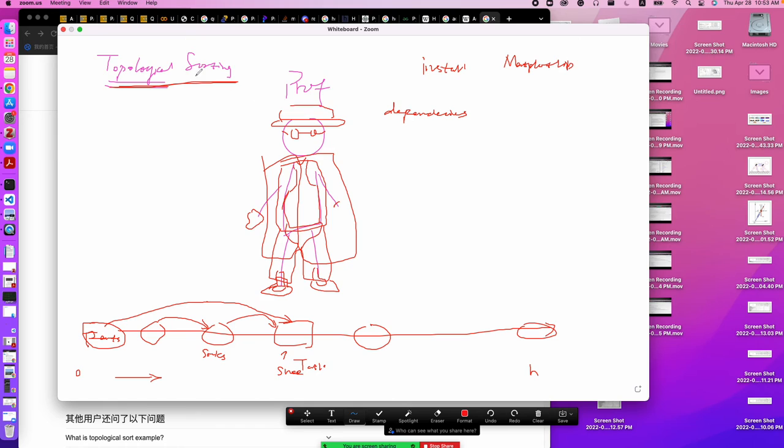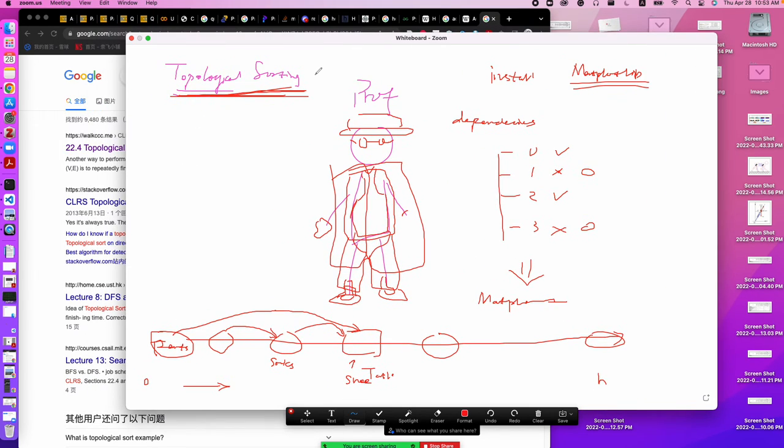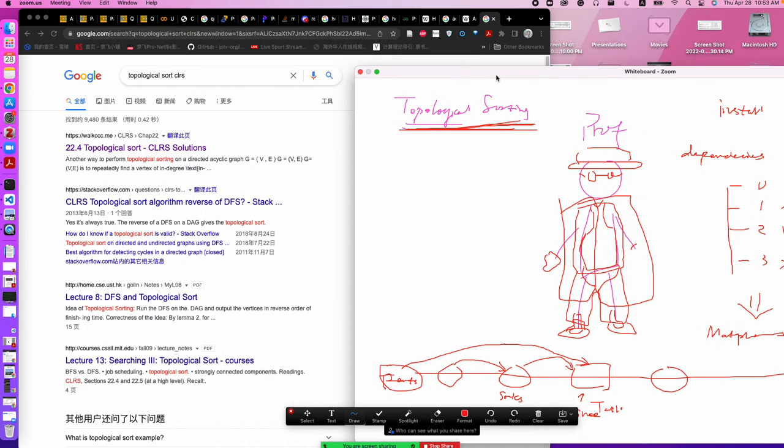You wanted to install matplotlib, but your code detects that you lack some dependencies. This one you have, this one you have, this one you don't have. You need to install this and this first, and then you can install matplotlib. So this is topological sorting, and it also has some interesting properties.